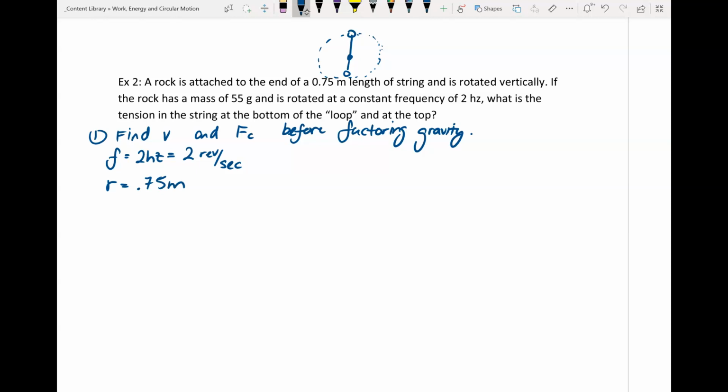We also need to find the circumference of the circle, which is our distance. Circumference can be found as 2 times pi times r, and our r in this case is 0.75 meters. So the circumference of a circle is 4.7 meters.